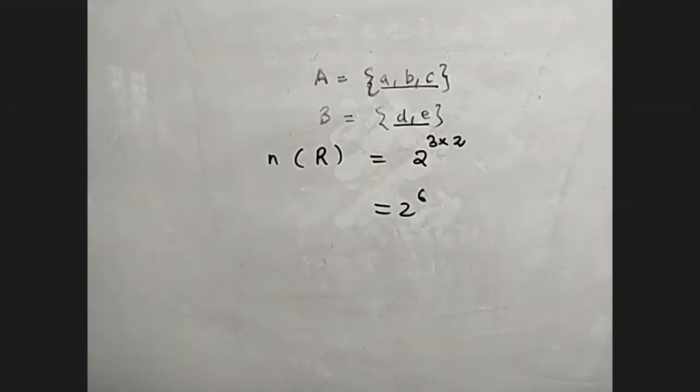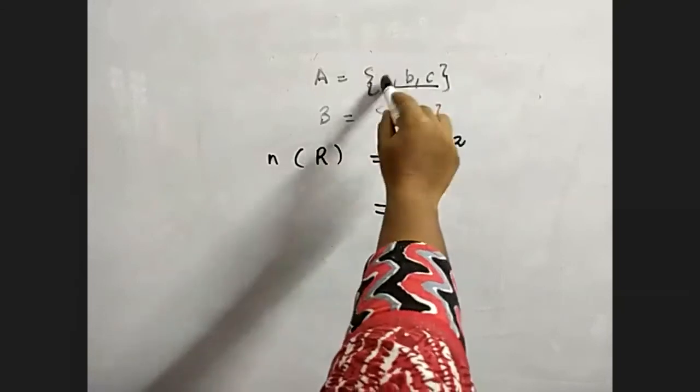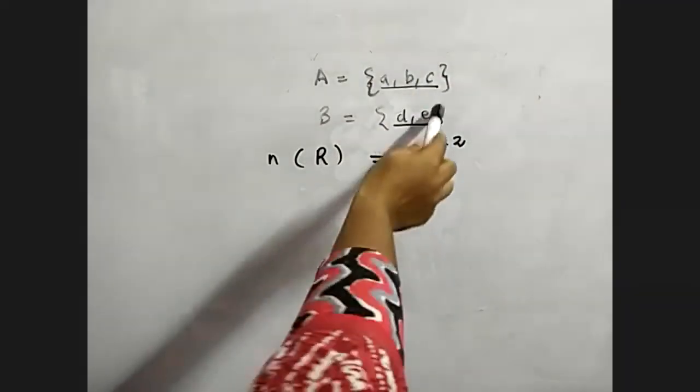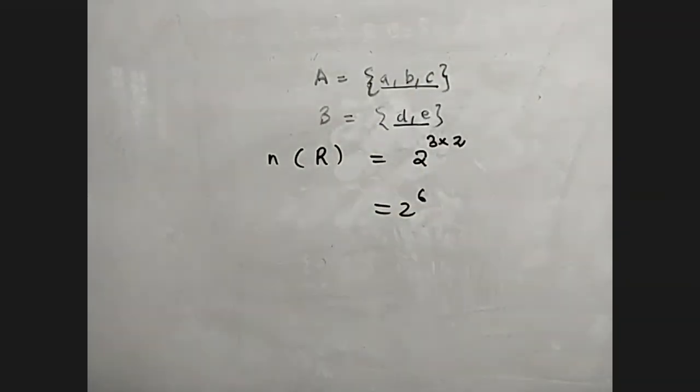Number of relations from A to B is 2 raised to 3 into 2, where this is the number of elements from A, 3, and the number of elements from B. So 2 raised to 6. Any doubts till now? No, ma'am.